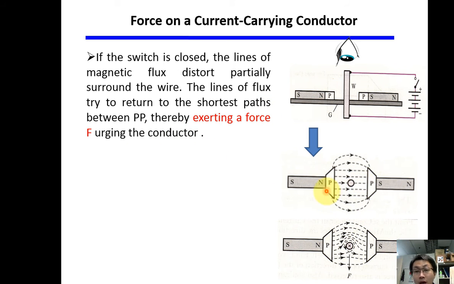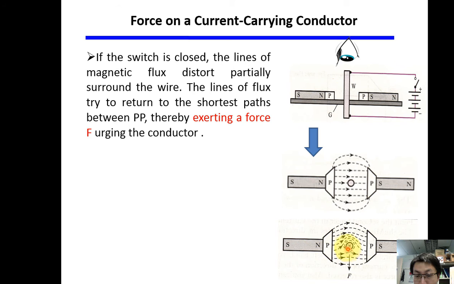So going in means this conductor has a current flowing towards the paper. That's why from the arrow, the current flows towards the paper. When flowing towards the paper, we use the right hand rule. The current is going inside. Then the flux will go around in a clockwise direction.